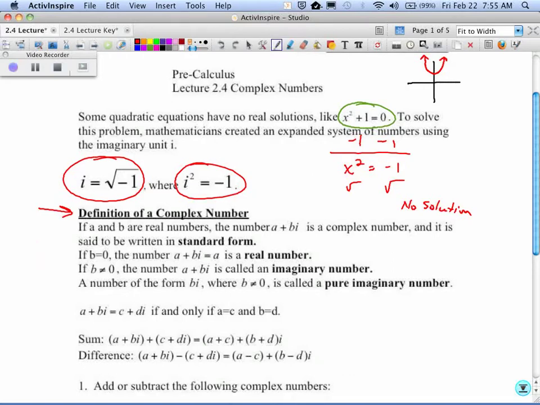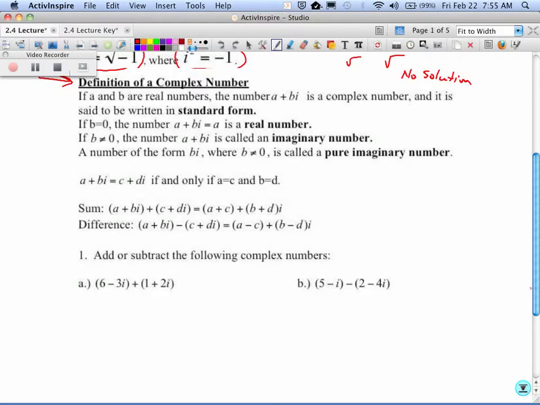I had a college professor that believed that all kids from the age of 4, when you learn how to count and do all your stuff, should work in complex numbers. I agree. And technically speaking, you have been working with complex numbers all your life. It's just that yours, instead of being pure imaginary, have always been pure real. Our standard form is a plus bi.